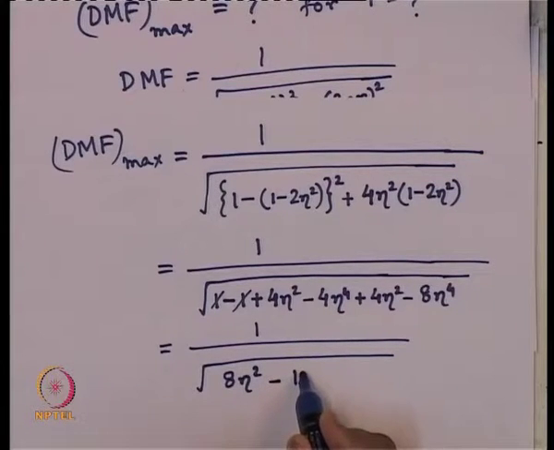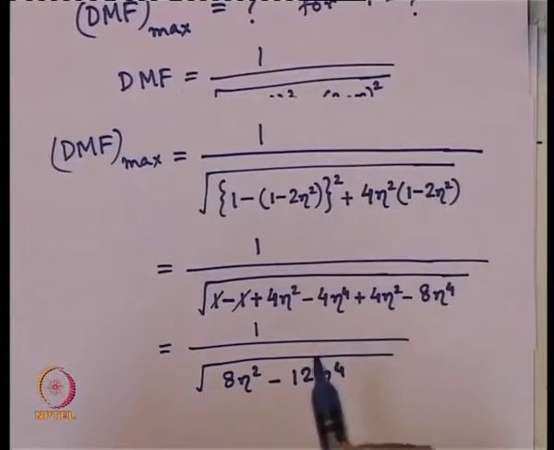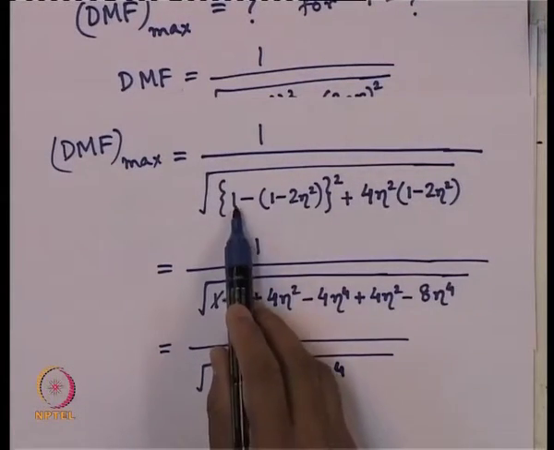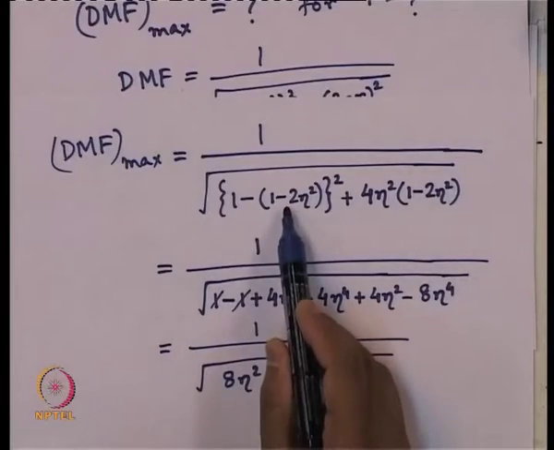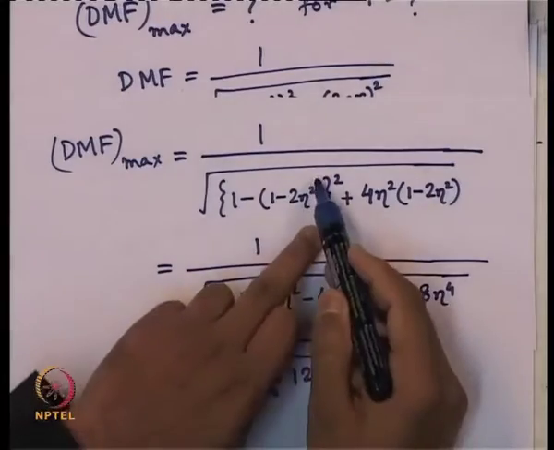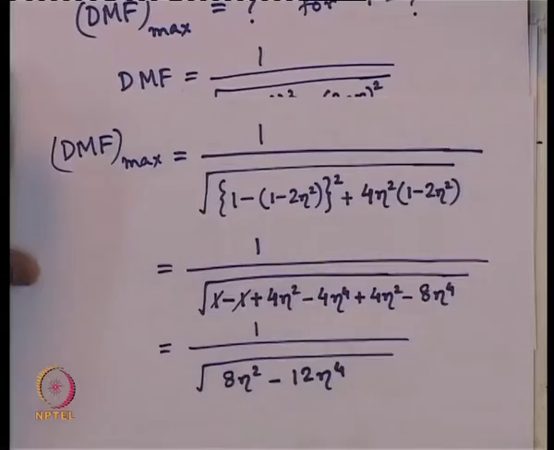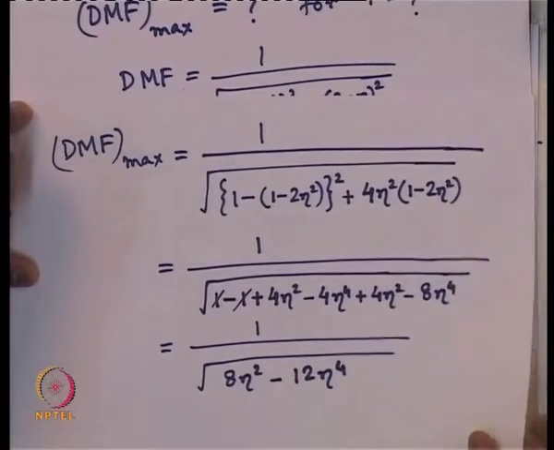I made some mistake somewhere. Oh, I made the whole square of the bracket term, but that has to be simplified first. Sorry. Let me put it once again.